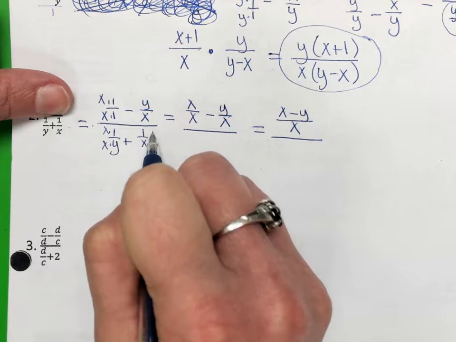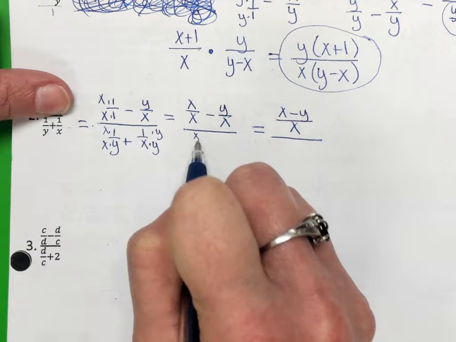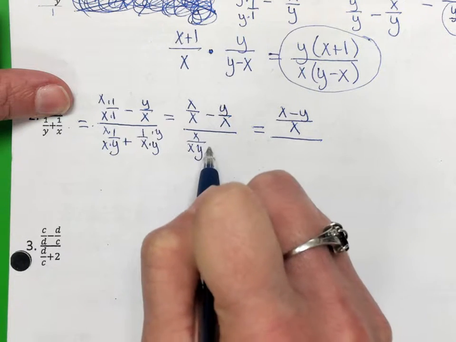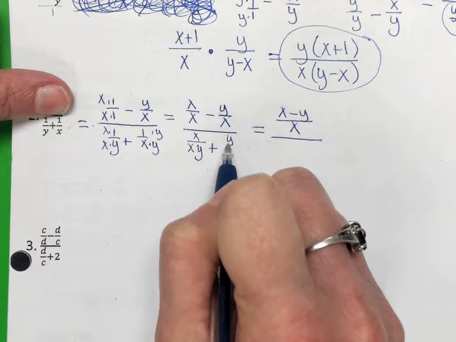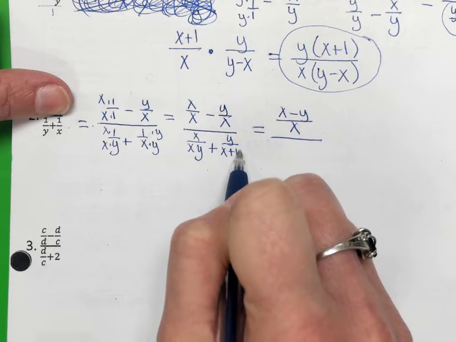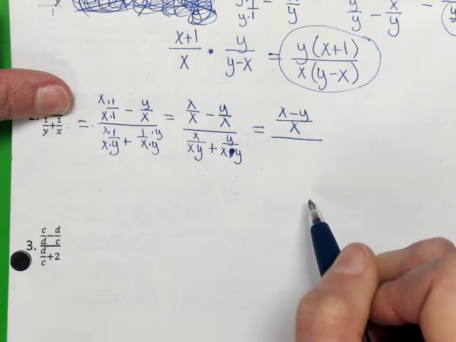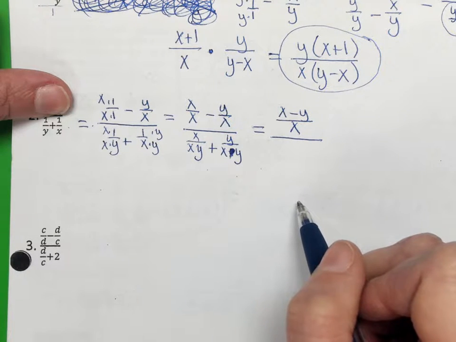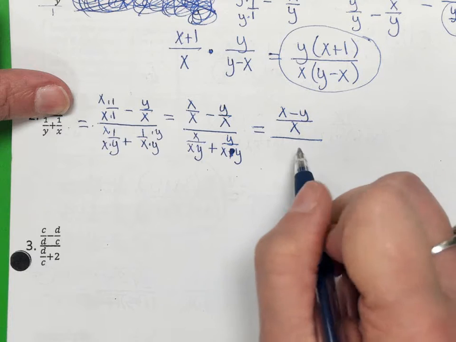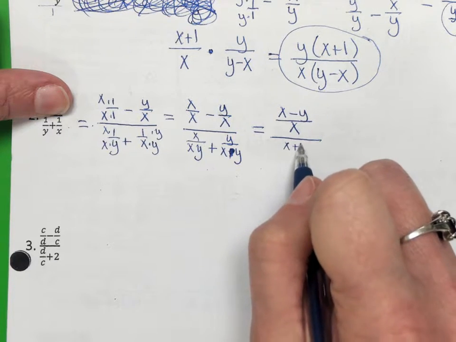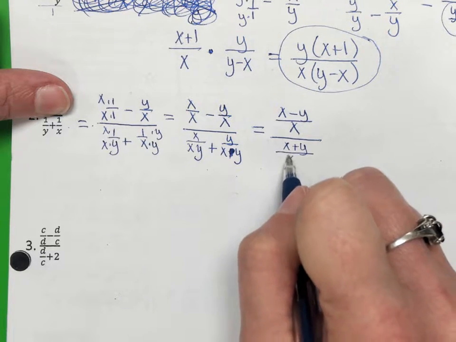By y. Very good. So that would give you x over xy plus y over xy. Are y'all okay? All right, make it one big fraction. So it would just be x plus y over xy.